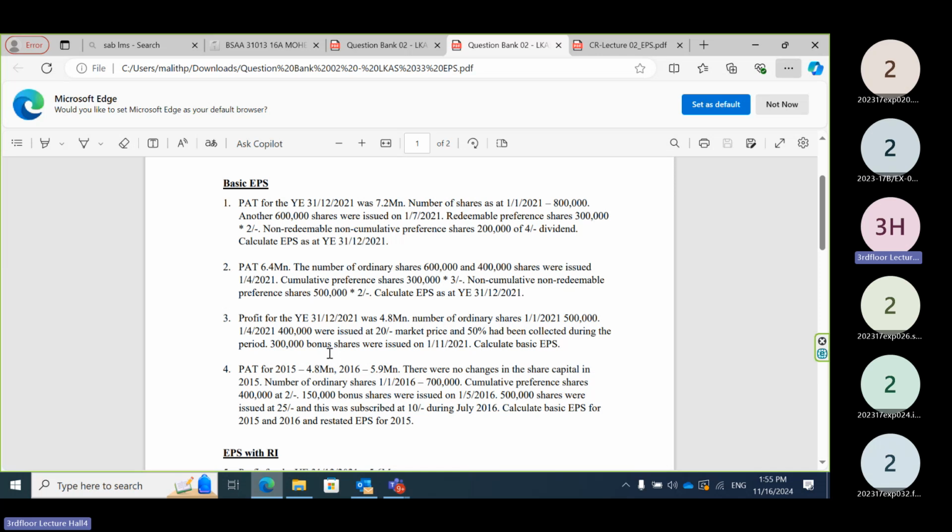Yes, 400,000 shares issued into 50% into 12 into 9. 300,000 bonus shares issued first November 2021. Don't care about that. Plus 300,000.